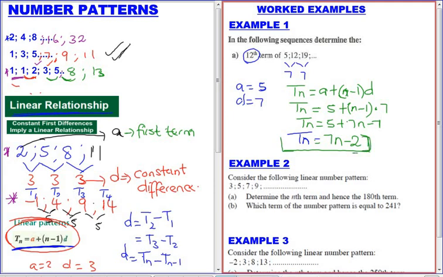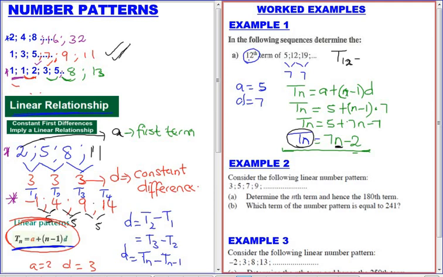If you have your Tn formula, you can easily calculate any term that you want. Remember, Tn represents the term itself, and this 12 is representing n. So n is the position, and Tn is the term itself. Let's go ahead and find T12.